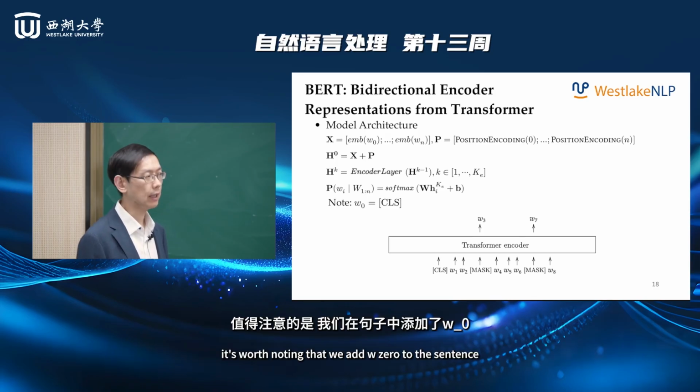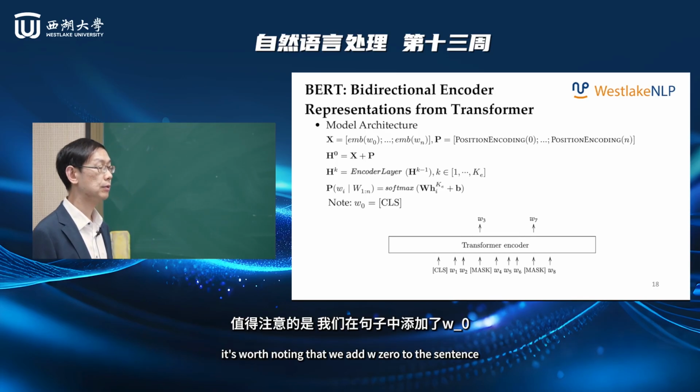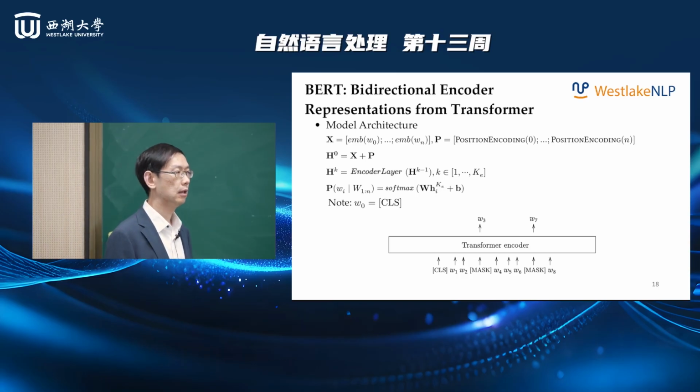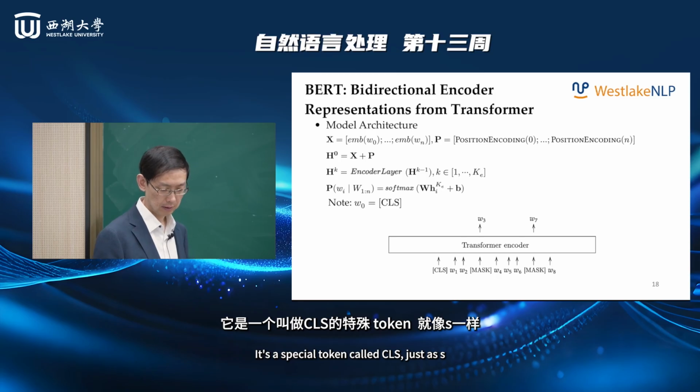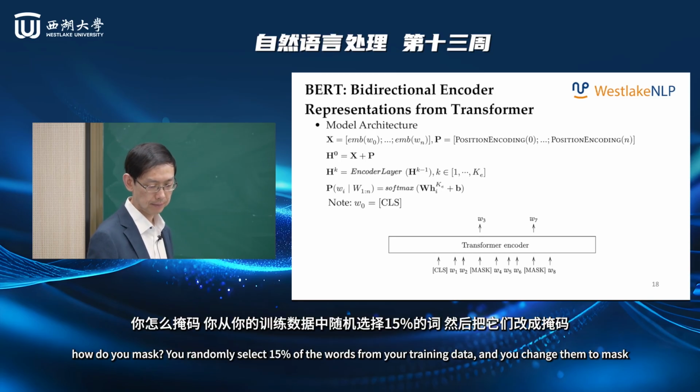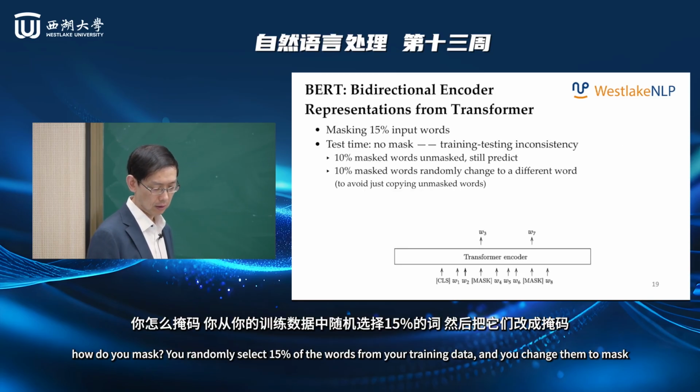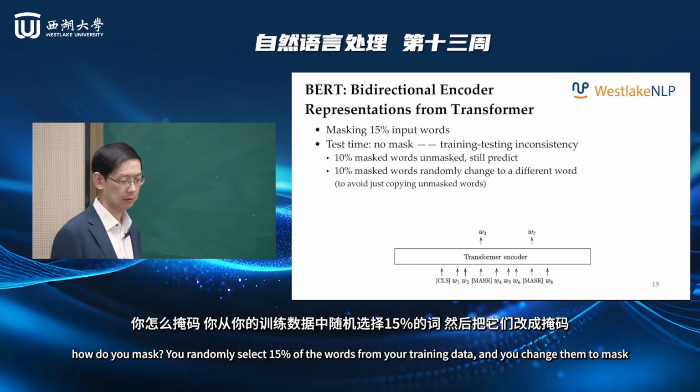And it's worth noting that we add a special token to the sentence called CLS, just as S, okay? How do you mask? You randomly select 15% of the words from your training data, and you change them to mask, okay?